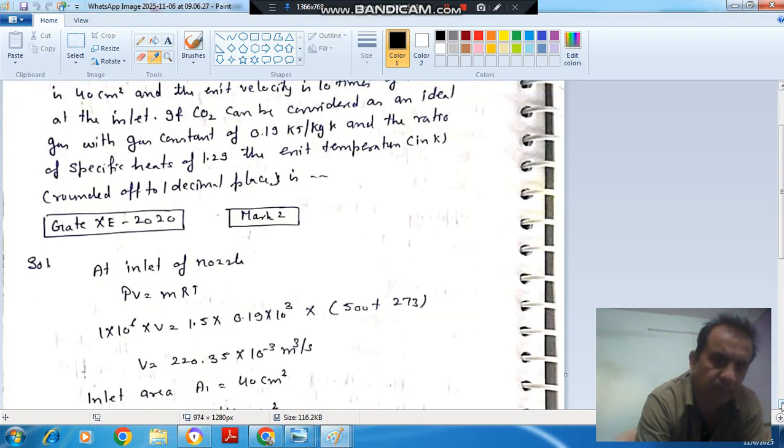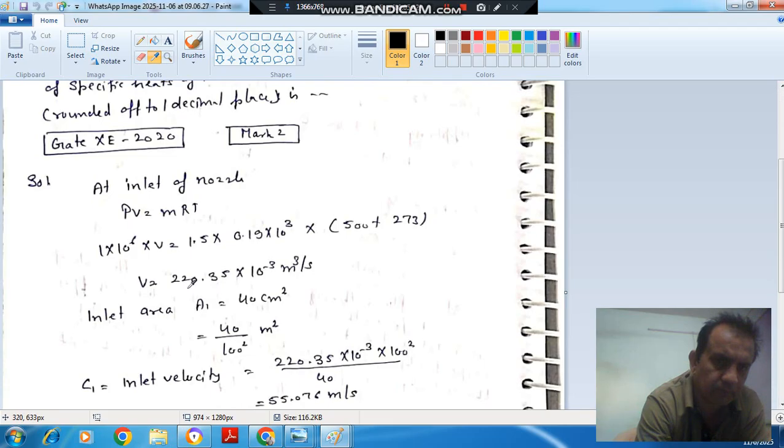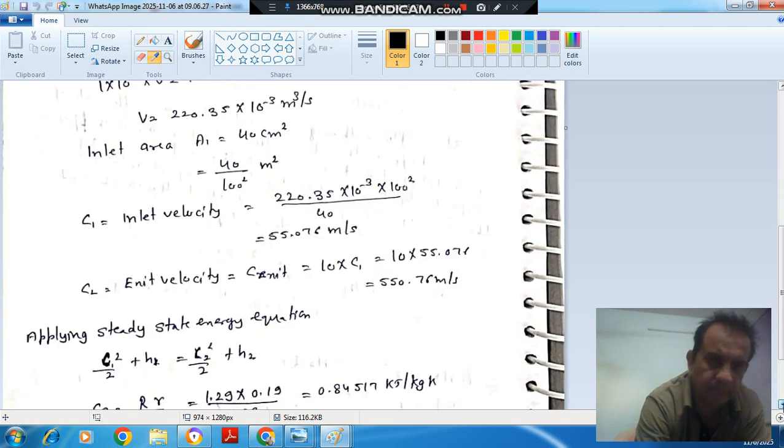From this we can find the volume flow rate, that is 220.35 into 10 power minus 3 meter cube per second, and inlet area is 40 centimeter square, or 40 by 10 power 4 meter square. So inlet velocity will come out as volume flow rate by inlet area, that is 55.076 meter per second, and exit velocity is 10 times of it, so 10 into C1, that is 550.76 meter per second.